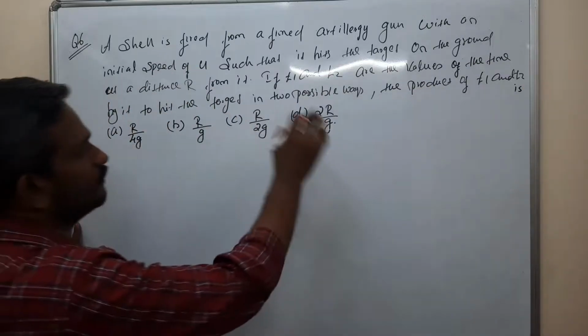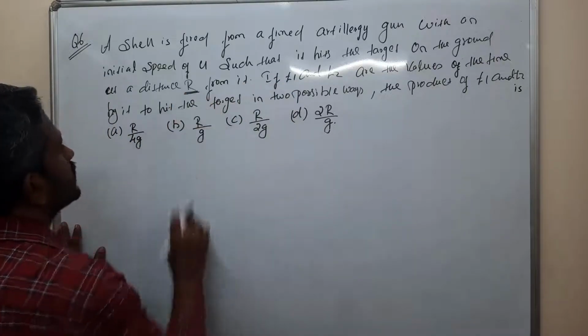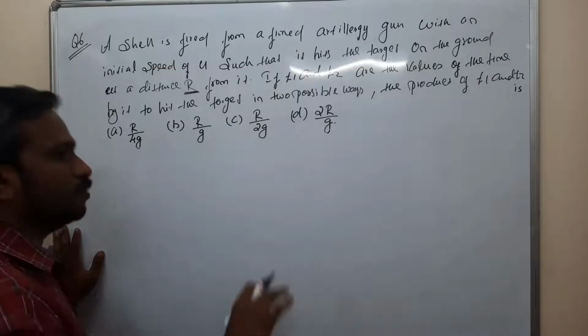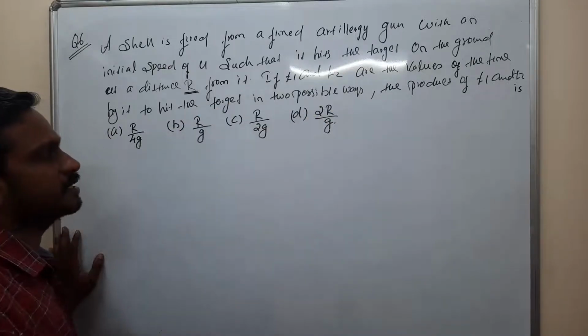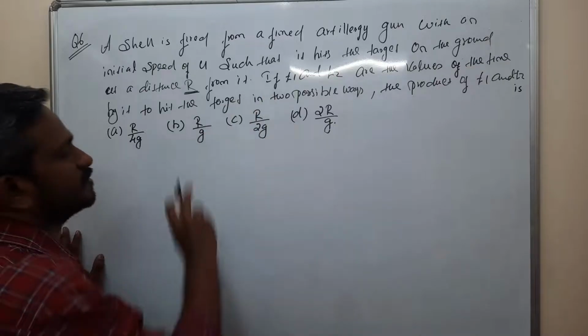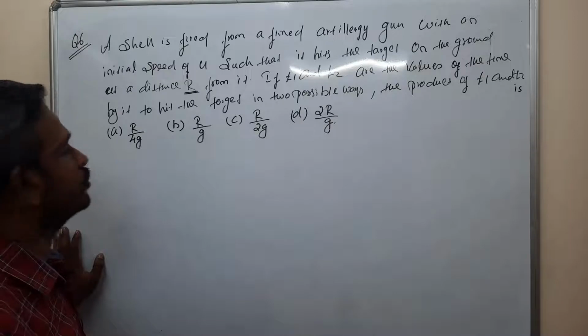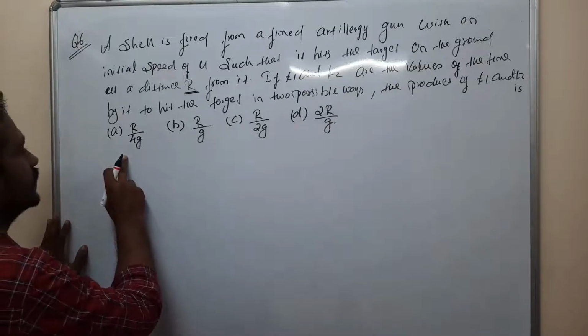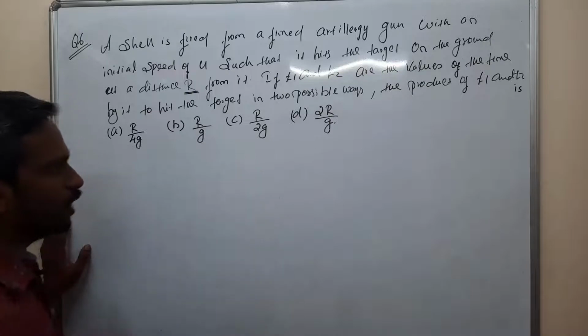In the question it is given, the range is same in both the cases. But it follows a different trajectory, different paths. So that's why it takes different times, T1 and T2. So we have to find the product of the time T1 and T2. Four options are given: R by 4G, R by G, R by 2G and 2R by G.